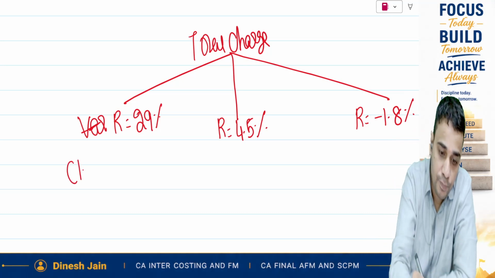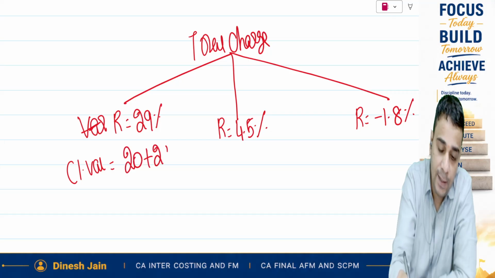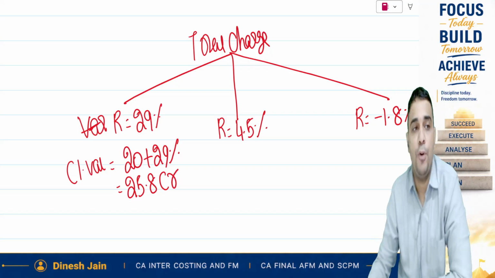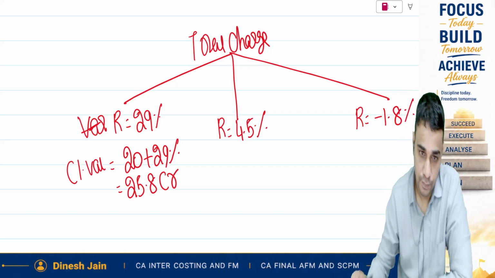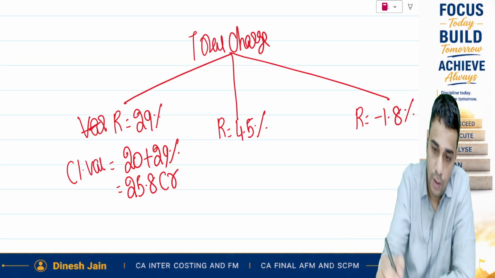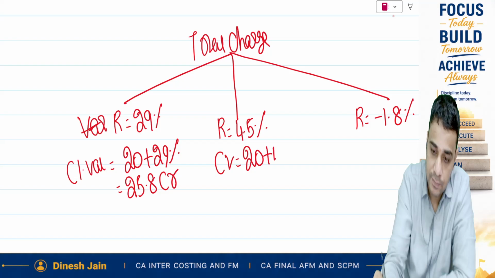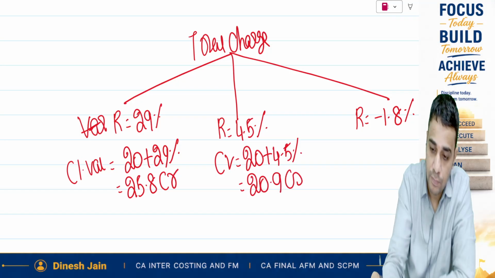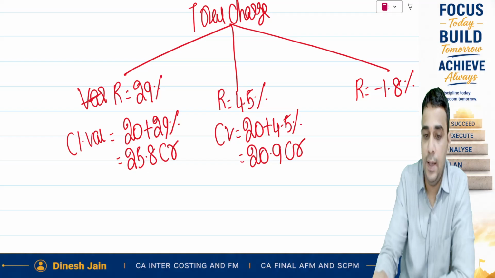Closing value, 20 plus 29%: 25.8 crore. Closing value, 20 plus 4.5%: 20.9.